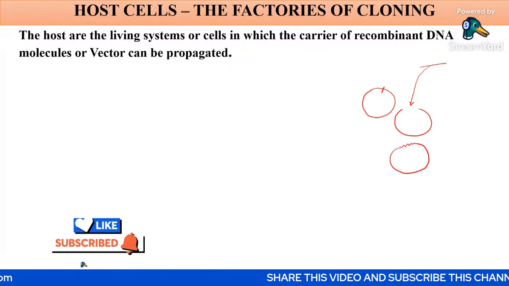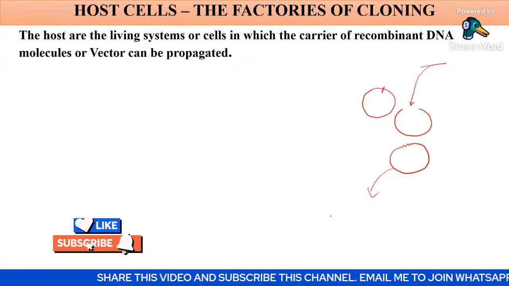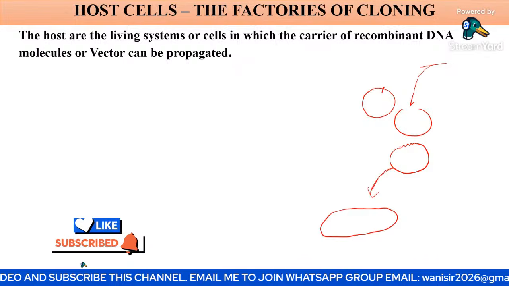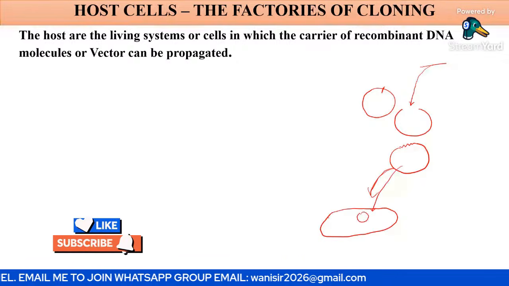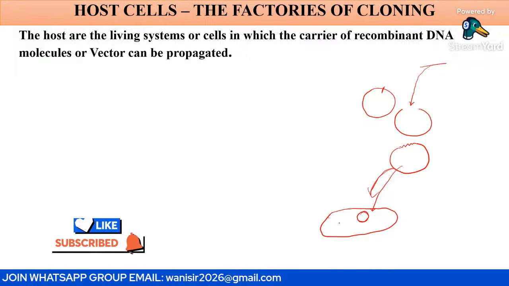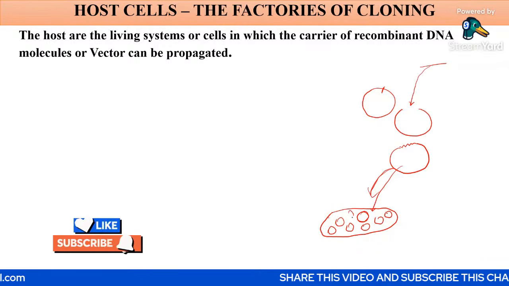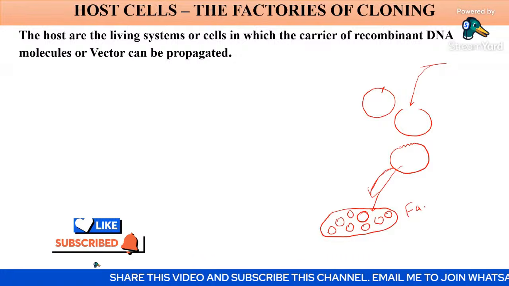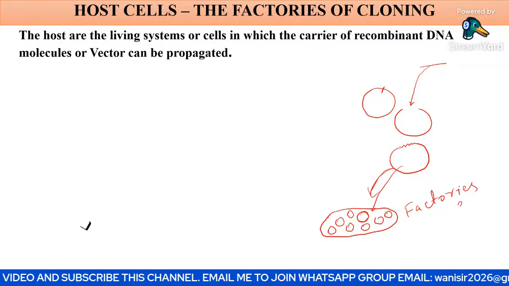And now who will clone this vector? For that we need the host cell. This vector will be introduced into the host cell, and the host cell will help in the cloning of this vector and form multiple clones of it, and that is why they are called the factories of cloning.